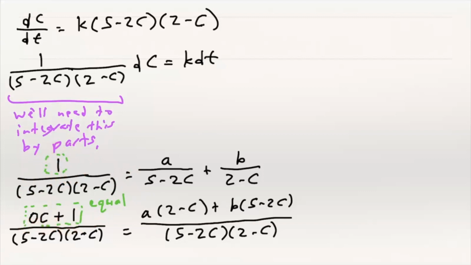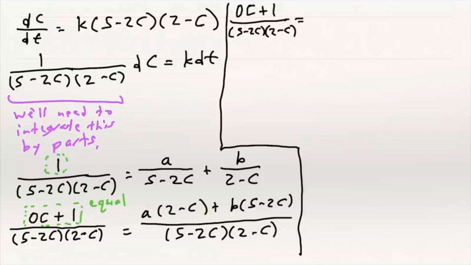And we'll always want to write our constant up here, if it's just a constant, as a linear equation. So 1 is 0 times c plus 1. That is not OC, that is 0c. The reason we'll want to do that is to equate coefficients. There's nothing fancy going on here. 0 times c is 0, so it just goes away. It's 1. Same thing. Okay, so the numerator on the right-hand side, we'll gather terms together.